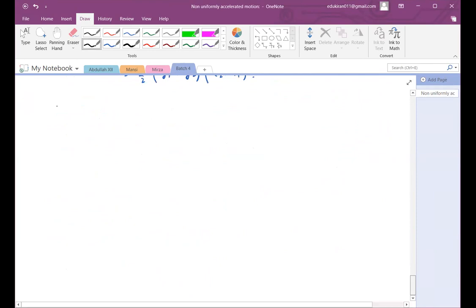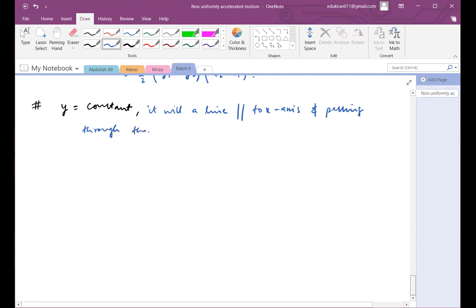I'm defining some relations for how you can recognize any graph related to any function. Suppose you have y equal to any constant term. It will be a line parallel to the x-axis and passing through that constant.